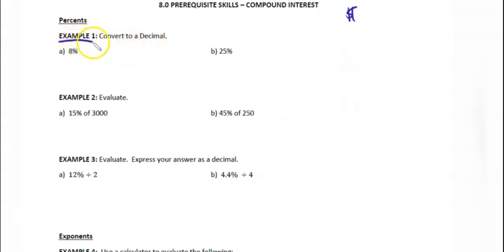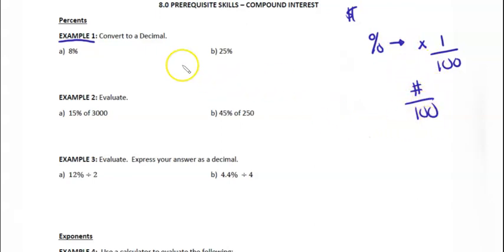So example 1, convert to a decimal. So 8%. As soon as you see this percent sign, what this actually means is times by 1/100. The other way of thinking about this is just put that number and divide it by 100, and that's it.